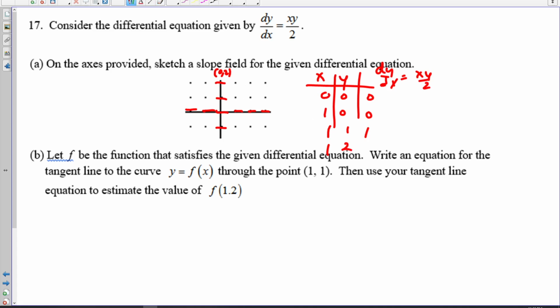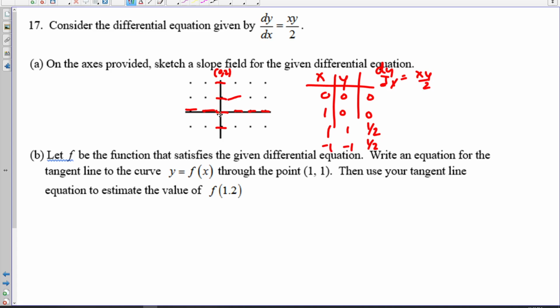If x equals 1 and y equals 1, the slope would actually be 1/2. Right, 1 times 1 over 2. So that's up 1 over 2. So the slope would be kind of flat, like that. If the slope were -1, -1, okay, that's also a 1/2 slope.